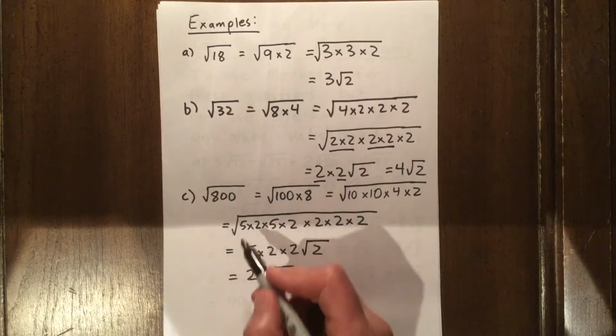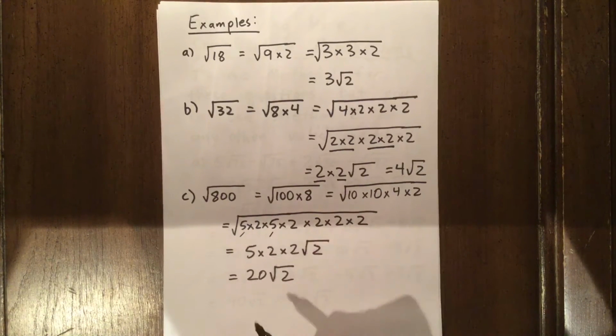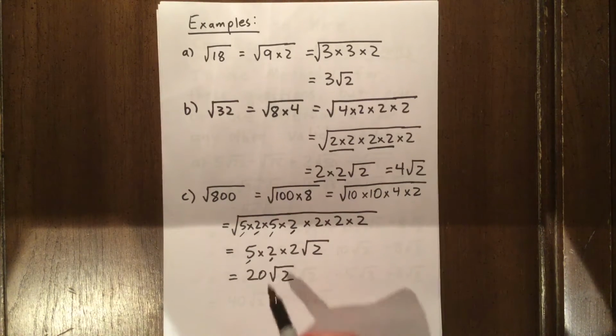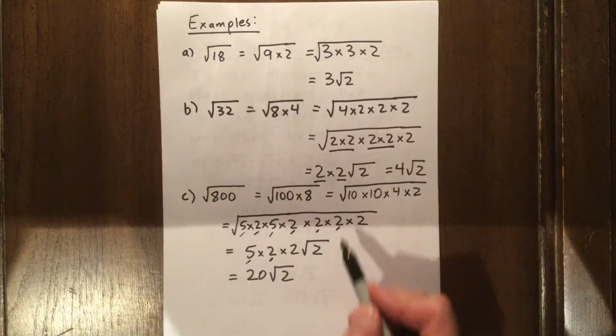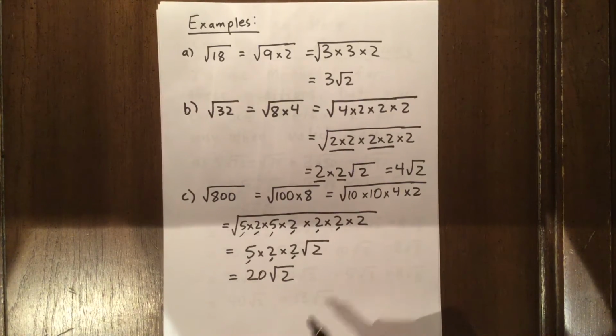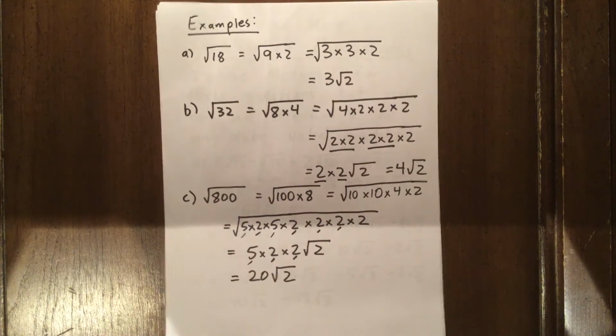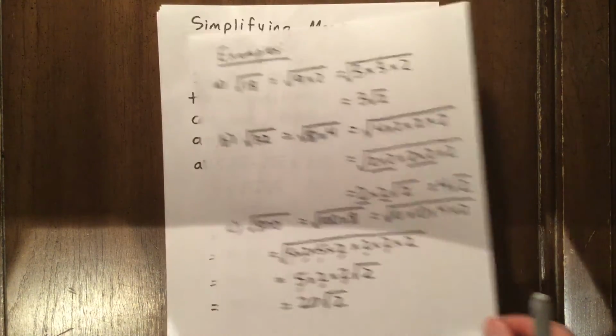I've got a couple of 5's on the inside, so I put a 5 on the outside. A couple of 2's on the inside, I put a 2 on the outside. A couple more 2's on the inside, I put a 2 on the outside, and I still have that 2 inside. 5 times 2 times 2 is on the outside, and I call that 20. That's 20 root 2.